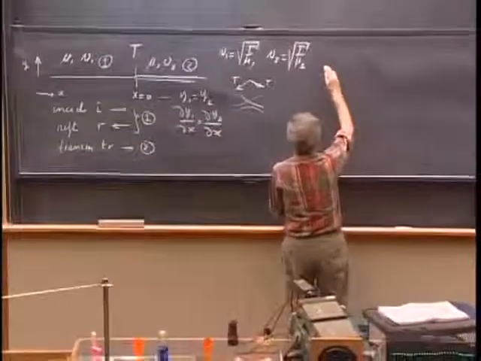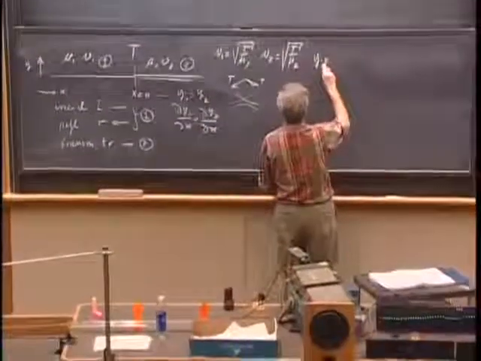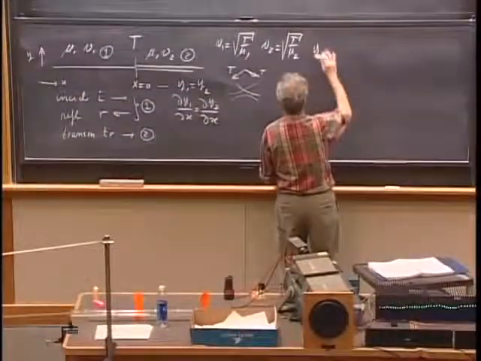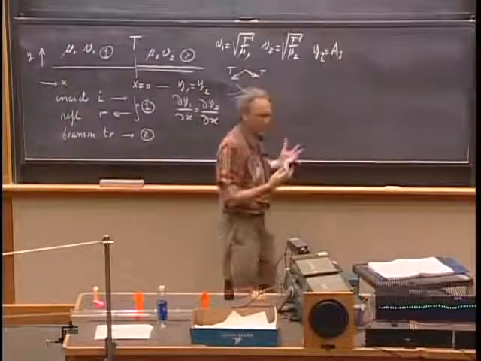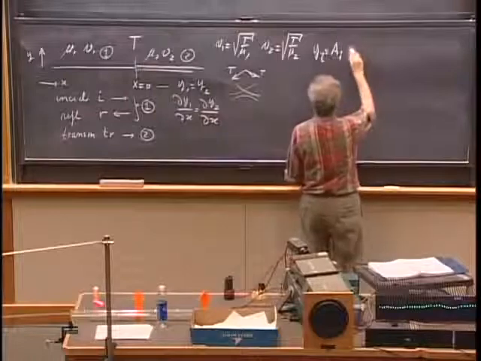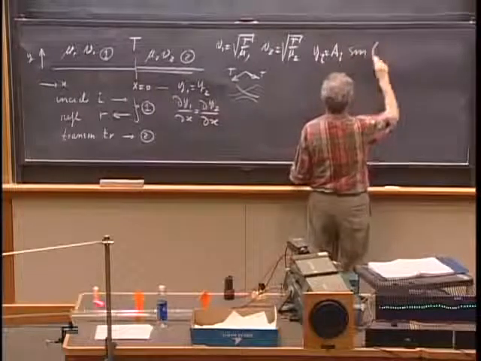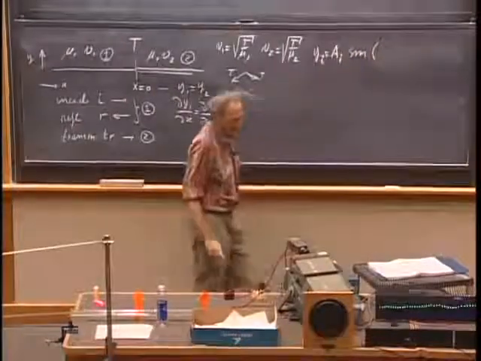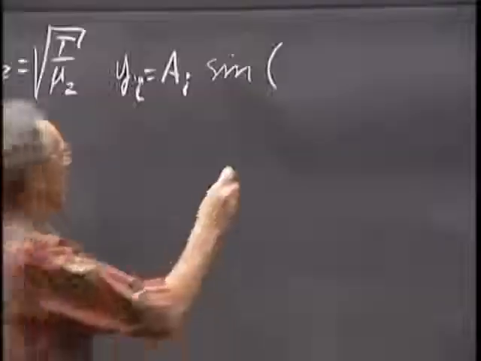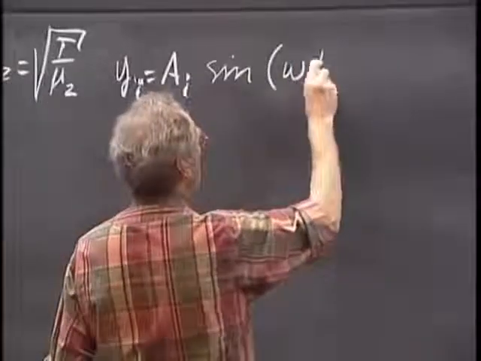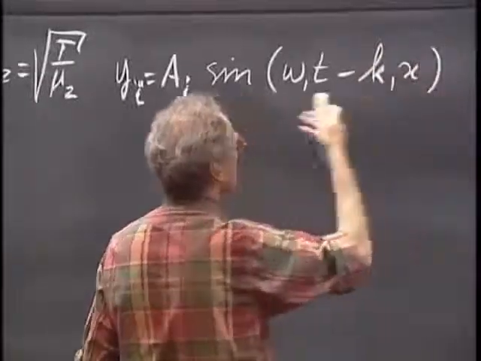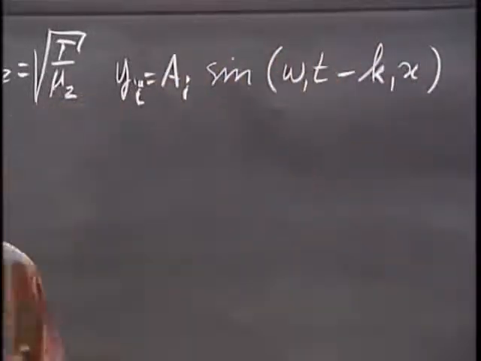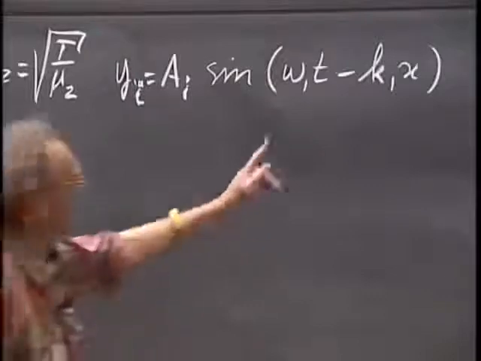So y1, y_I, the incident wave, has some amplitude A_I, that is the amplitude of the incident one, times the sine. I can write that in many different ways, but I'm going to write this now as sine of omega1 t minus k1 x. That's clearly a traveling wave that moves in the plus x direction, because the signs are different.